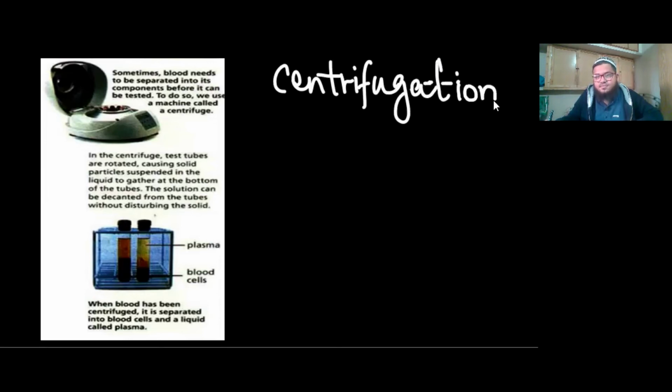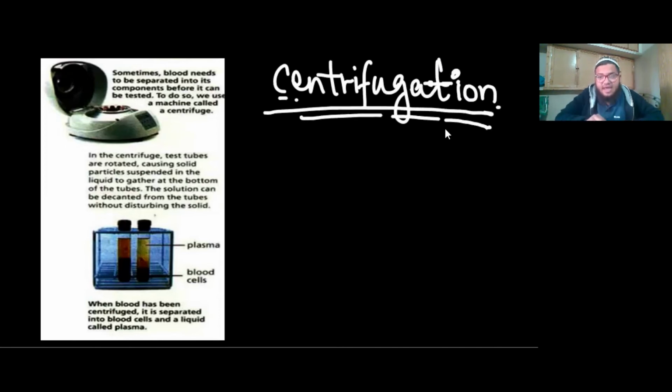This is a bit different, and actually you don't have many questions on centrifugation on your exams, but I would still recommend knowing this because it is necessary, especially for your A levels. Most of the teachers expect you to know what centrifugation is. So let's quickly go through this, although not in a lot of detail.